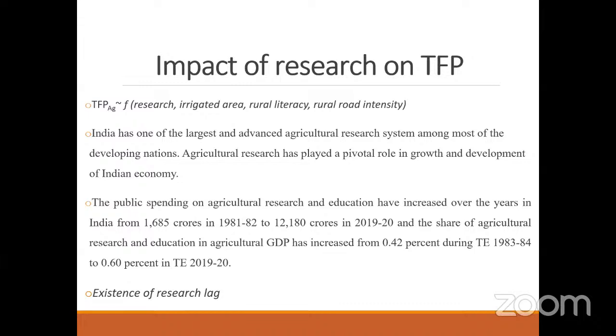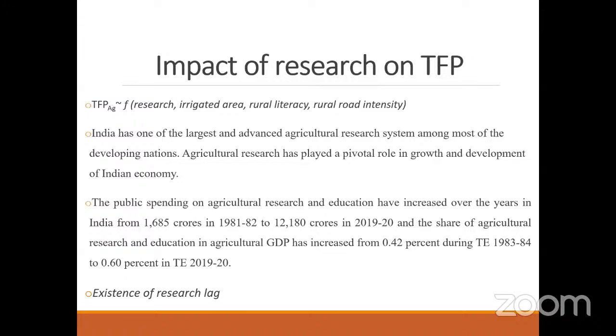But the impact of research on TFP cannot be measured directly because there is a research lag. When there is research investment, productivity will not be affected directly, as first there will be research expenditure, then the production of technology or knowledge.